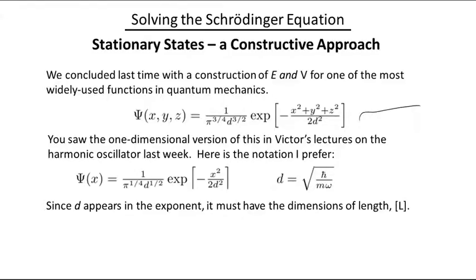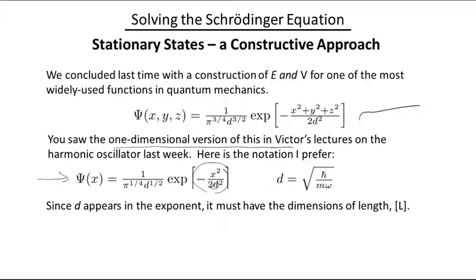It's a generalized Gaussian, an exponential of a quadratic form, and you've seen the one-dimensional version of this previously. This is the notation that I prefer because I can remember it, and I write it out here because it illustrates an important thing, and that is in the Gaussian, there's a scale parameter, which is a length scale parameter d.